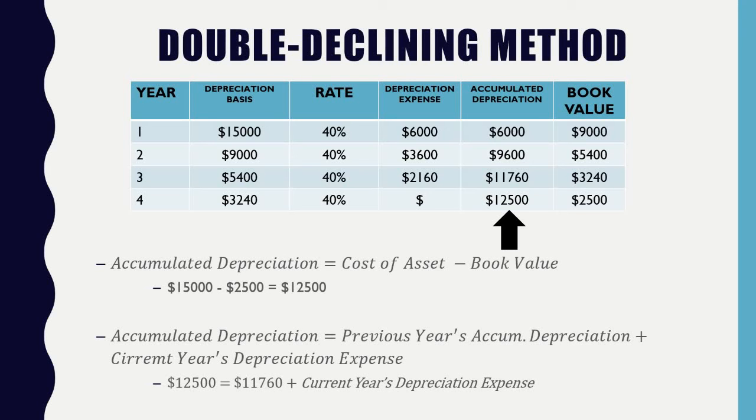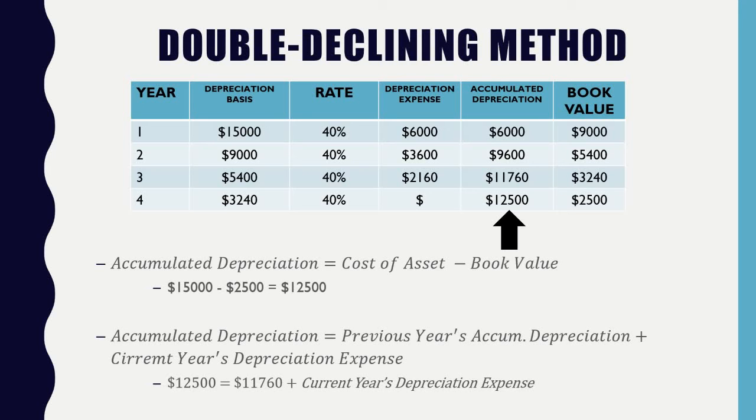And then from here, I'm going to be working backwards one more time because the end goal here is I need to solve for what is going to be my depreciation basis, or in this case, my depreciation expense for year 4.